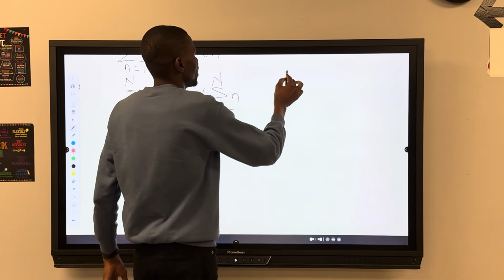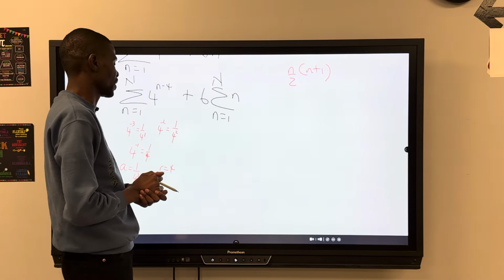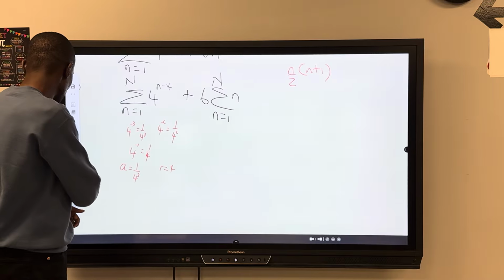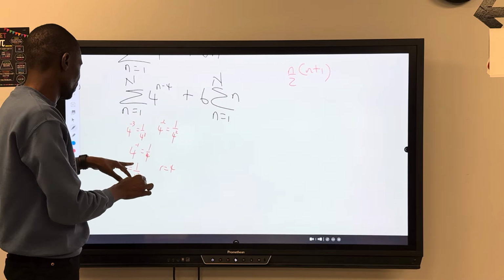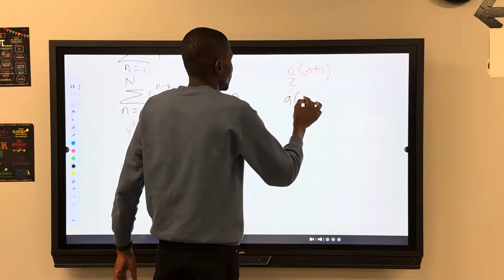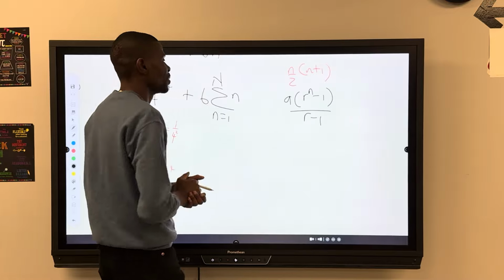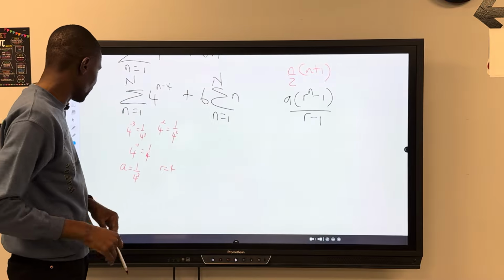For the arithmetic part we use n over 2 of n plus 1. Since r is greater than 1, for the geometric part we use a times r to the n minus 1 over r minus 1. That's the formula we are going to use for this series.